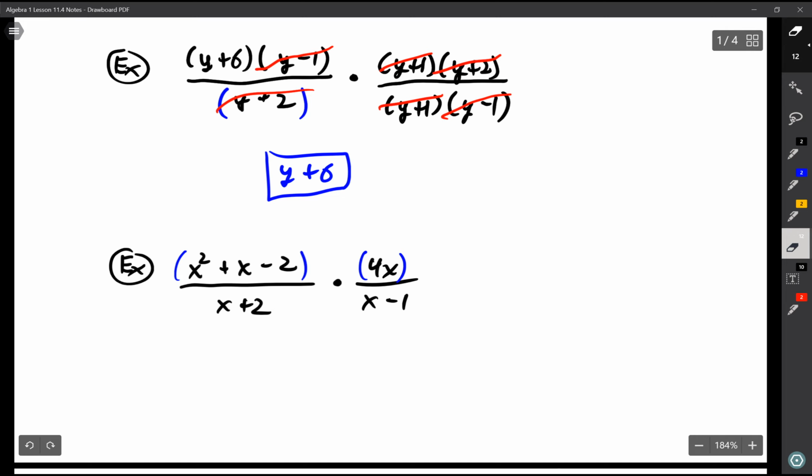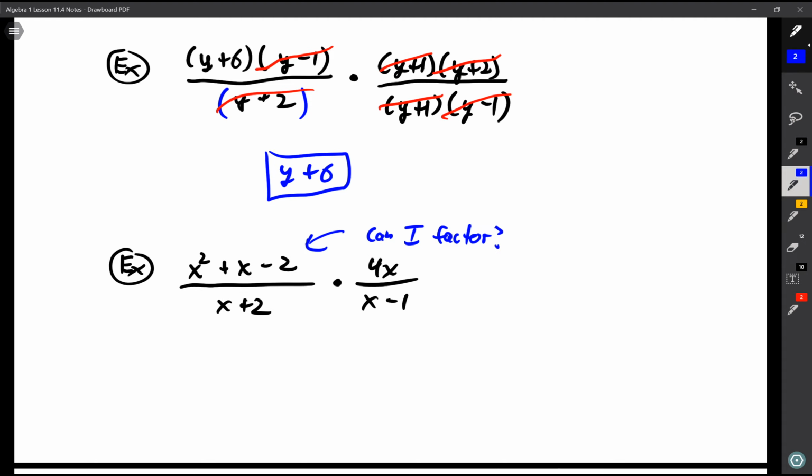Because if I can factor that, hopefully there will be either an x plus 2 or an x minus 1, maybe even x plus 2 and an x minus 1. There will be some combination like that that will end up canceling with stuff that is here. Because it's nice when stuff on top and stuff on bottom can cancel each other. So I need to see if that x squared plus x minus 2 can factor.